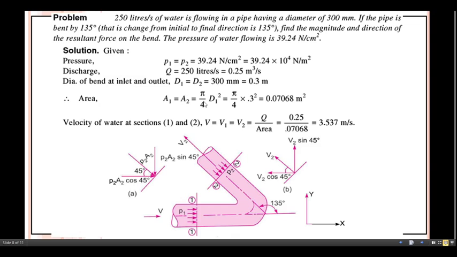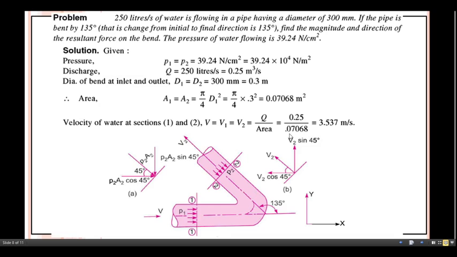The corresponding area can be calculated with this relation, and as D1 and D2 are the same, the area corresponding to section 1 and 2 is the same. After doing the calculation, we get 0.07068 meter square.